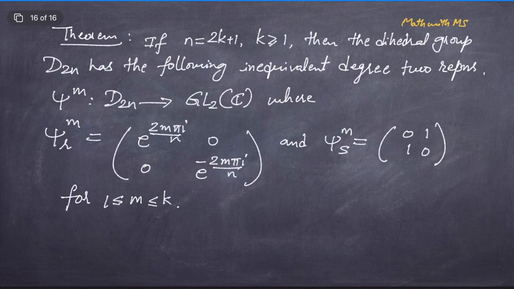This gives k plus 2 inequivalent irreducible representations of the dihedral group D2n for n odd. I hope this gives you some idea how to proceed for a given group once you know its presentation and once you know enough information about its structure. So I will stop here. Thank you.